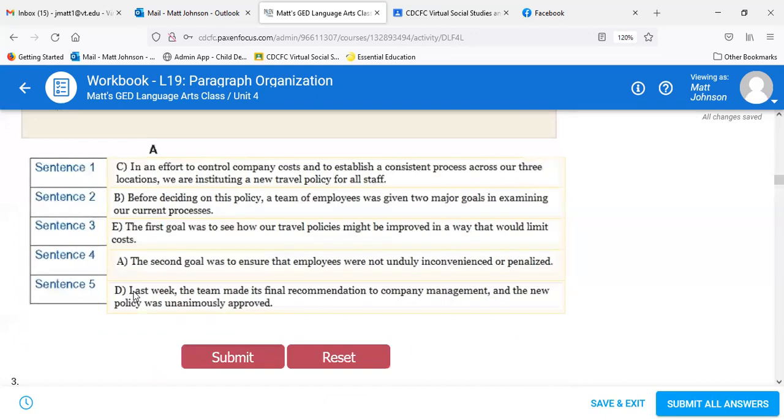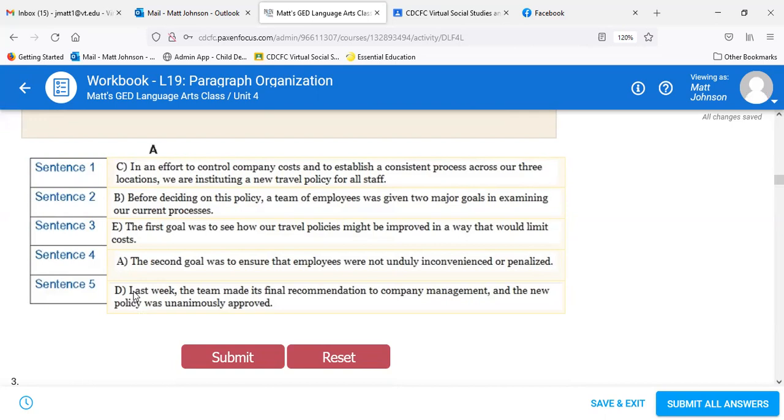So here, not necessarily a transitional phrase or word, but we see the use of the first goal, the second goal. So we know at least 2 of the sentences, what order they're going to come, probably one after the other. And then, if this was to come up on an exam, look for transition words: first, lastly, in conclusion, in closing.